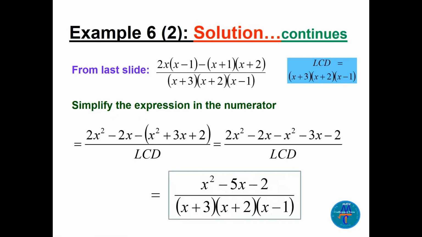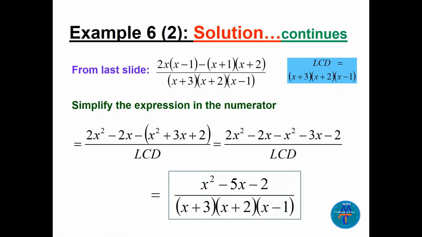Now, 2x squared minus x squared is x squared, minus 5x minus 2. There is no factoring for this, unfortunately, so leave it, but you have to write the LCD. That's the whole answer. If you write only this as the answer, that's wrong. If you can factor, factor.